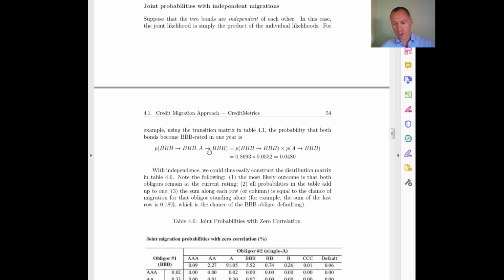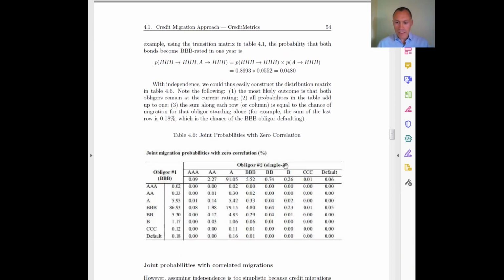The joint probability, so for example, the joint probability of the first bond remaining BBB and the second bond now jumping from A to BBB would be equal to the product of the marginal probabilities, right? So I could get these probabilities directly from the transition matrix for each one, multiply the two numbers, and get the joint probability, all right? And this will be the outcome.